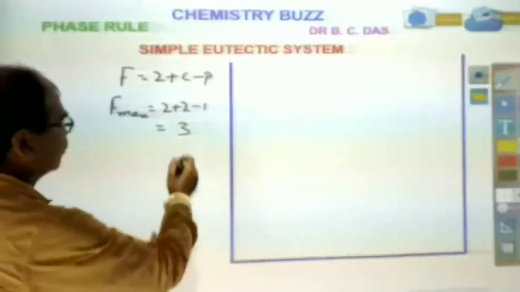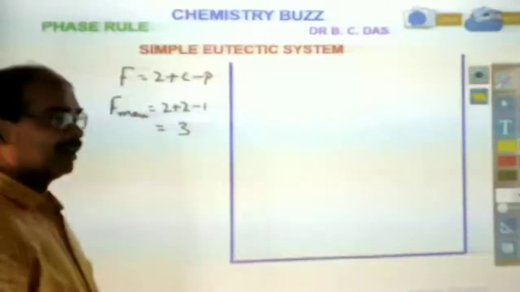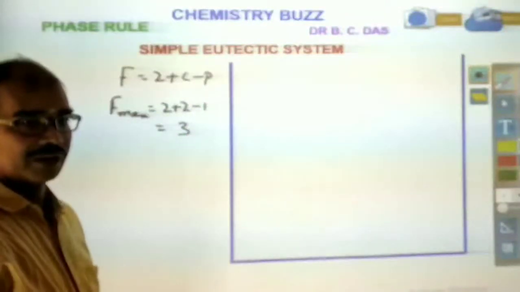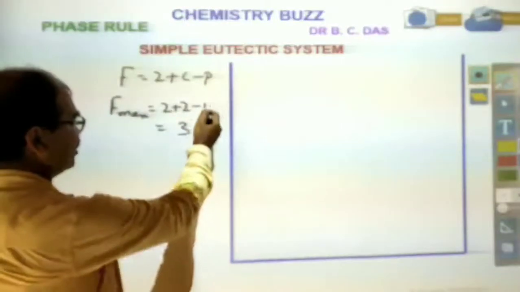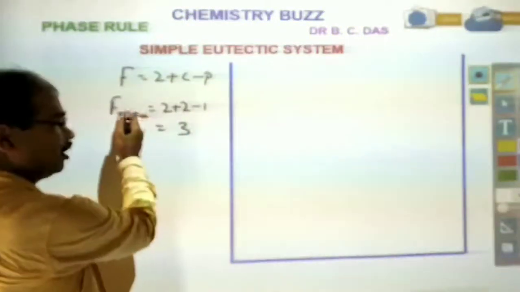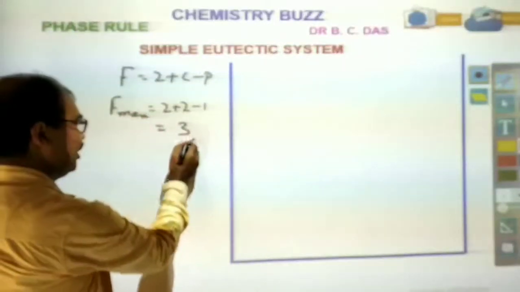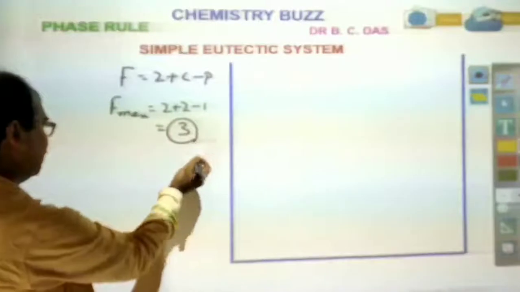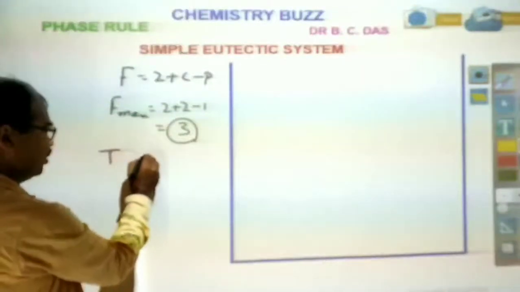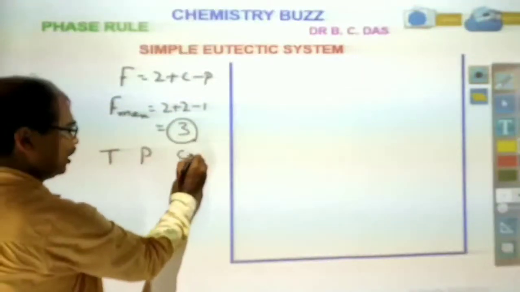So the F max is at phase 1, when the number of phases is minimum, that is 1, the degree of freedom is maximum. So these three independent variables correspond to the temperature, pressure and concentration.